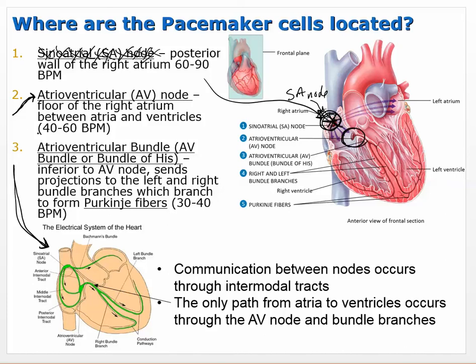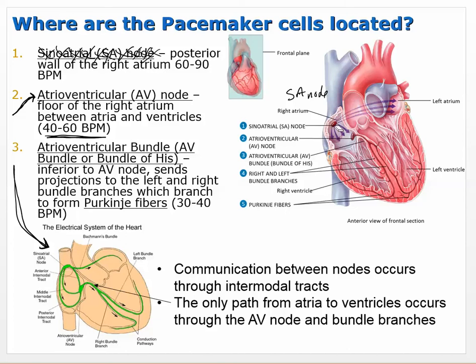Okay, so the AV node will spontaneously depolarize about 40 to 60 beats per minute, so it usually doesn't get a chance. Usually the SA node depolarizes, and when it depolarizes, it immediately sends a signal down to the AV node saying, nope, I got it, and the AV node will reset. Okay, but in the event that it doesn't work, that AV node can kind of step in, and it will be a slower heart rate, but it will still maintain a heart rate. Okay, so that's a good little backup plan.